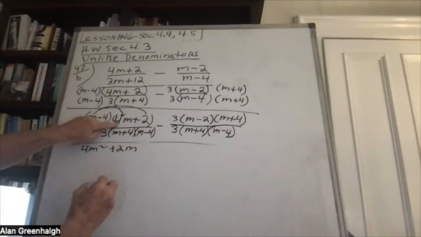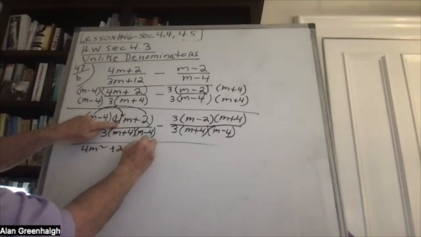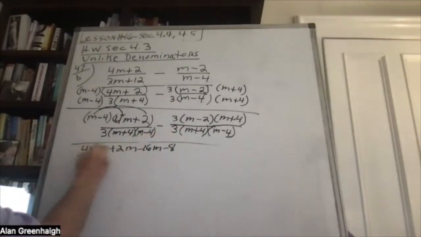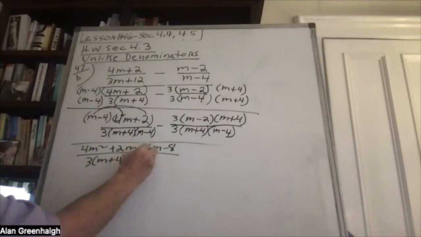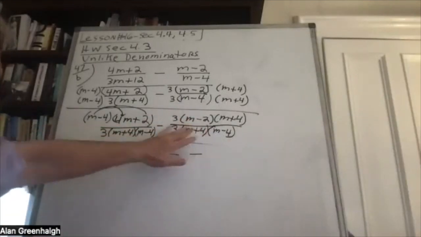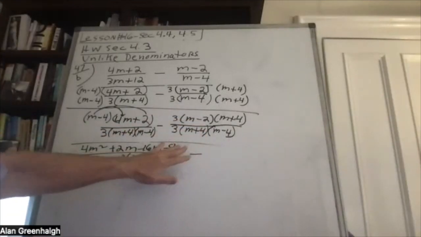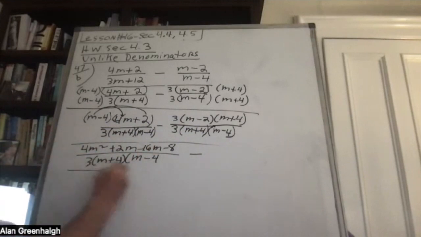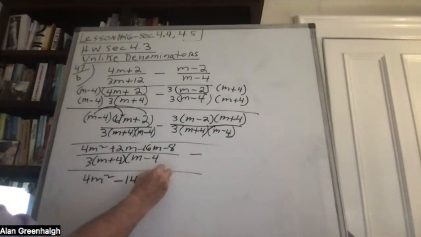Then negative 16m and negative 8 over 3 times m plus 4 times m minus 4. And before we even go over here and do this, let's see if we can simplify this. So this becomes 4m squared minus 14m minus 8.